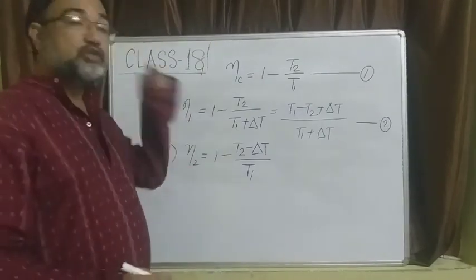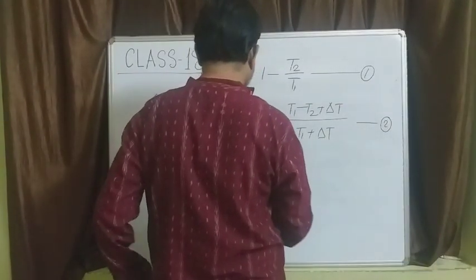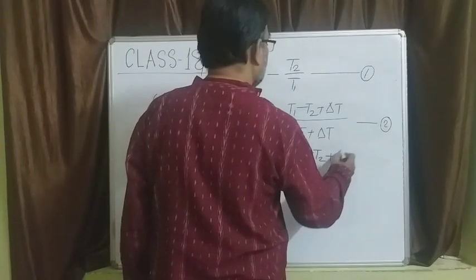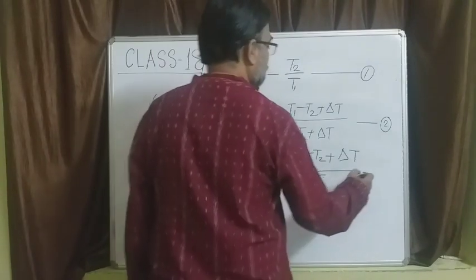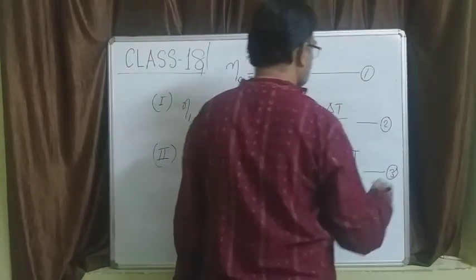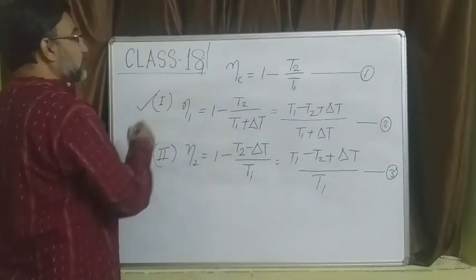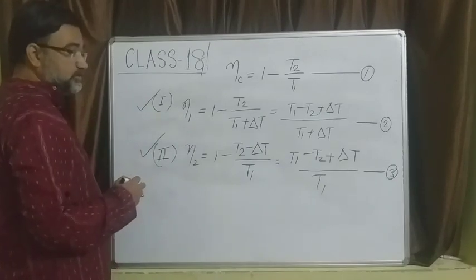So the new efficiency value will be T1 minus T2 plus delta T, divided by T1. This is equation 3. So by using the first method you get this efficiency value, by using the second method you get this efficiency value.